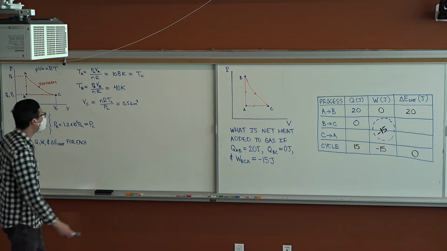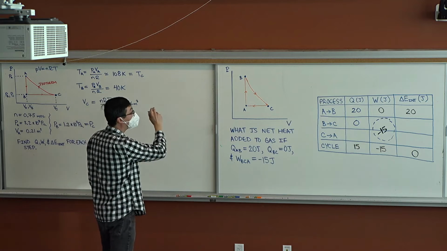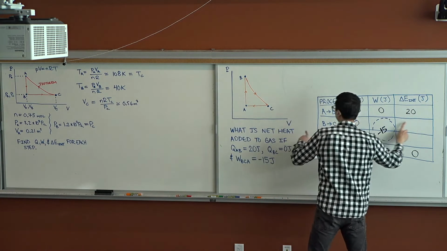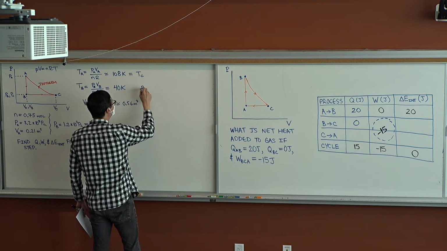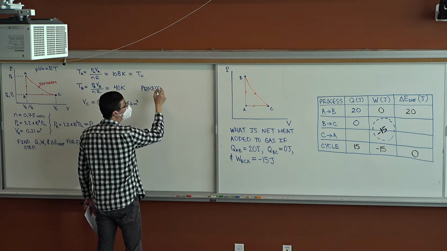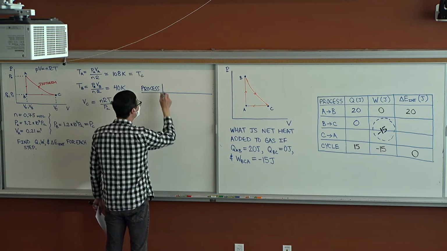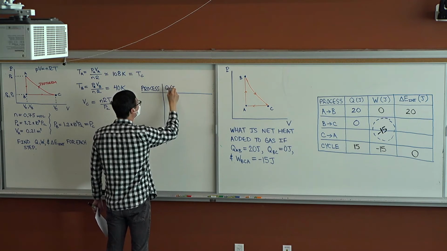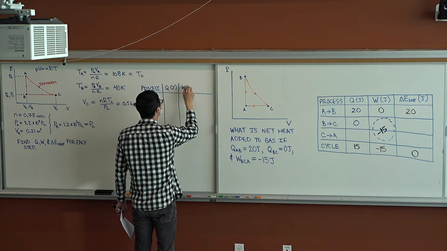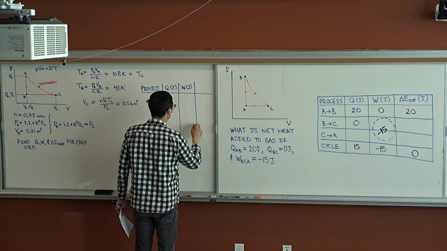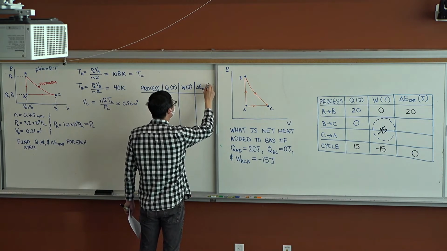And then we can, I don't know if I'll be able to fit that. That might wind up being a little smushed. I apologize. Process. Q in joules, W in joules, delta E internal in joules.